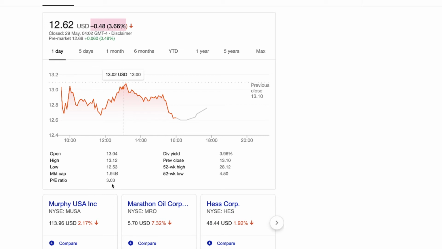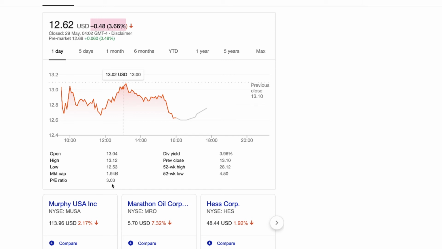Because if the price was 10 and they only had $1 of earnings, you're looking at a price to earnings ratio of 10, and that's not really good. Whereas if the company had earnings of $1 million and a price of 100,000, the price to earnings ratio would be 1/10. And that is pretty good.